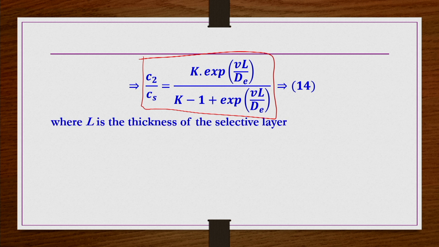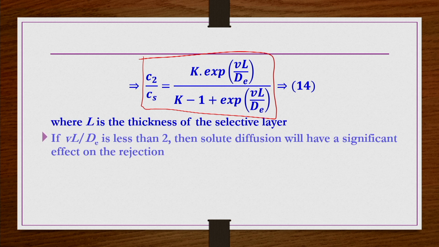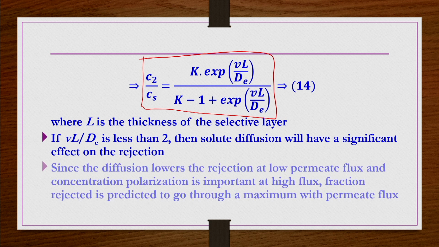L is the thickness of the selective layer, that is the membrane thickness. If VL by dE is less than 2, then the solute diffusion will have a significant effect on the rejection, and when the VL by dE value goes beyond 2, pore diffusion is going to take the lead.